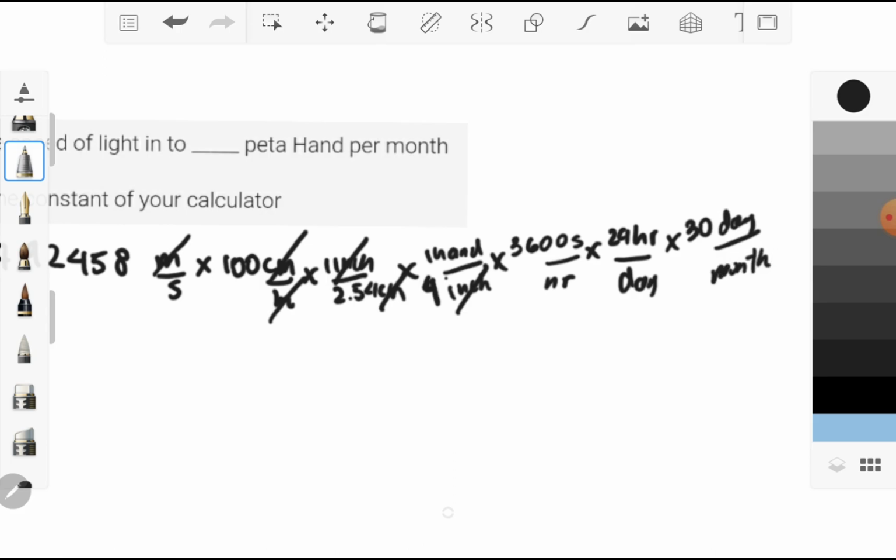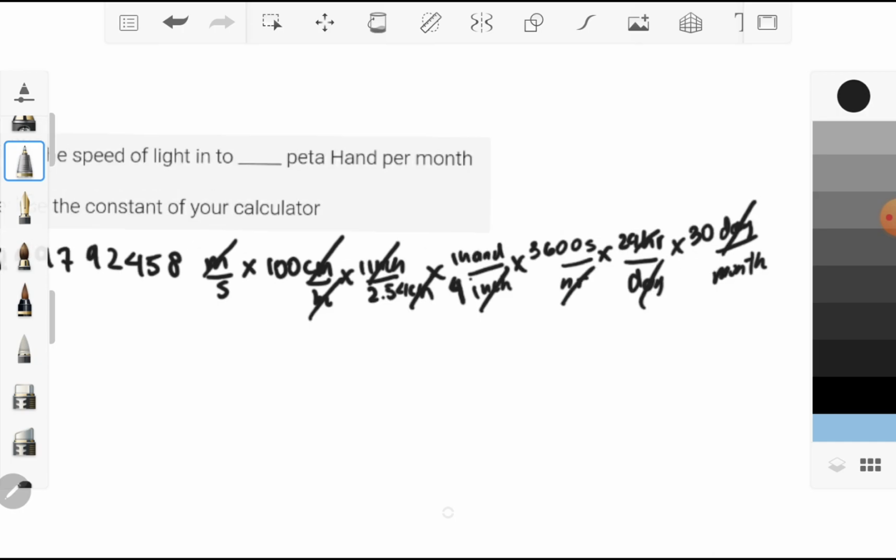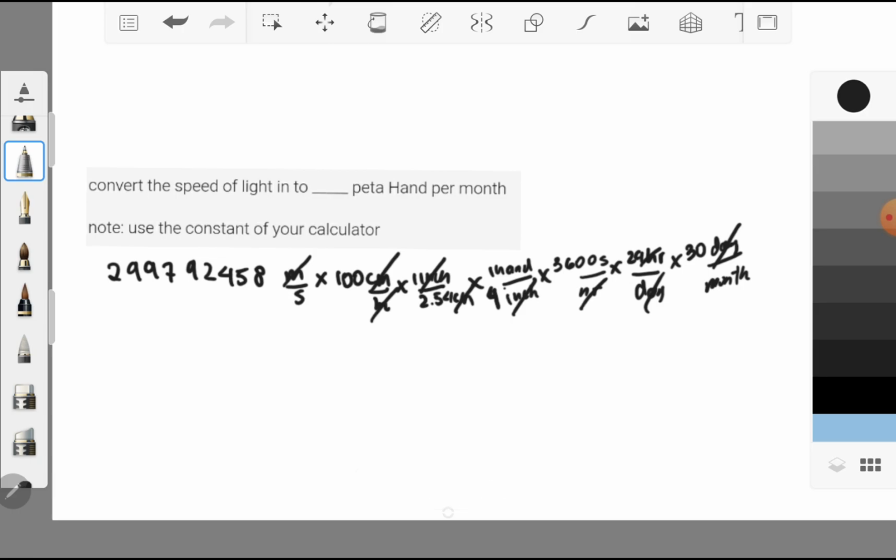Okay? So, cancelling out the similar units, so we'll have a value equal to c, or the speed of light in meters per second, times 100 centimeter per meter, times 1 inch is equal to 2.54 centimeter, times 1 hand is equal to 4 inches, times 3,600 seconds, times 24 hours per day, times 30 days per month.